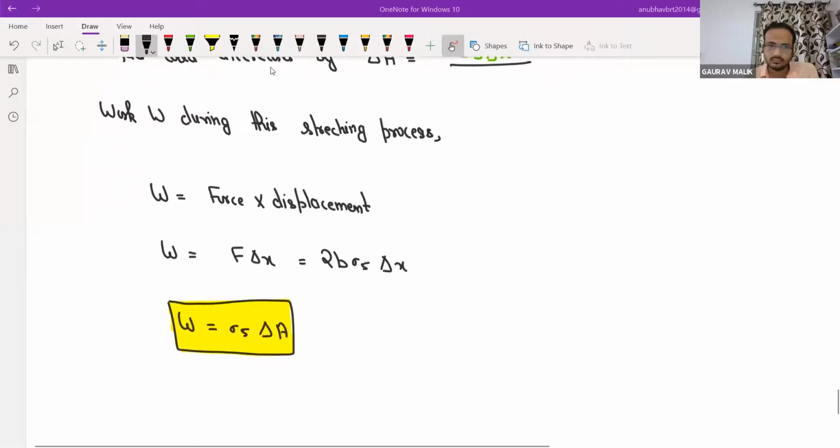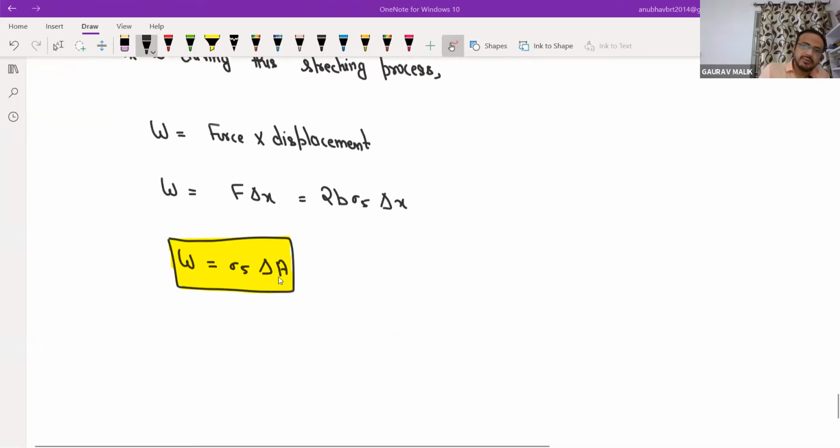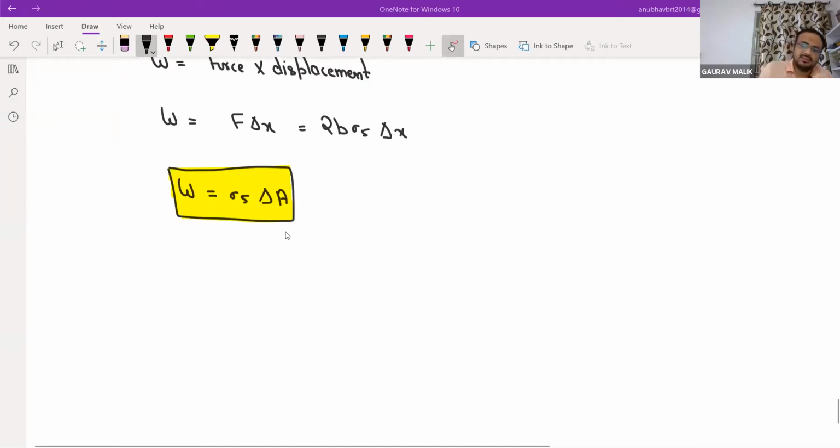Very good. So W is equal to sigma s into delta A, where sigma s is surface tension, my intelligent students.